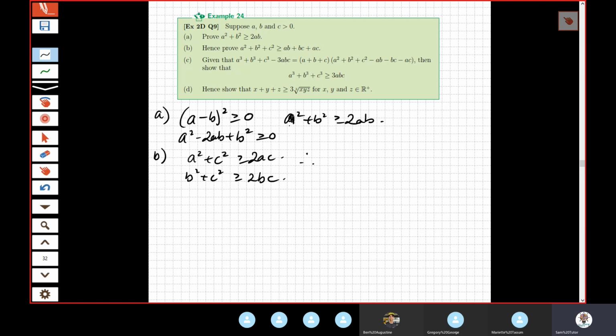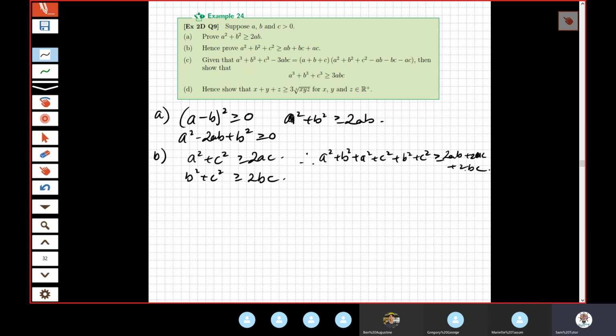Therefore, add them all up, so a squared plus b squared plus a squared plus c squared plus b squared plus c squared is greater than or equal to 2ab, 2ac, and 2bc.